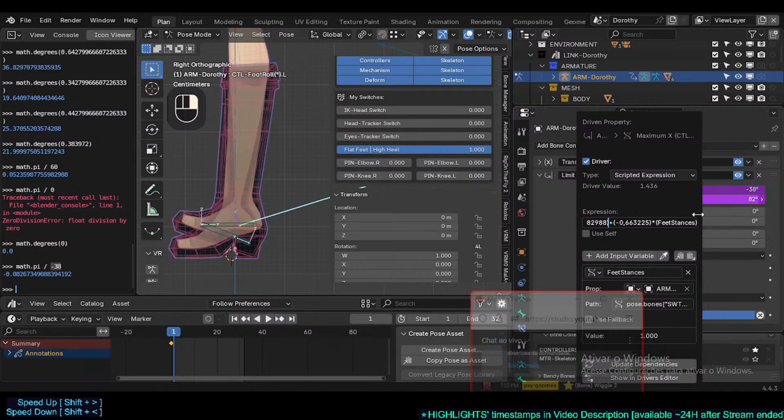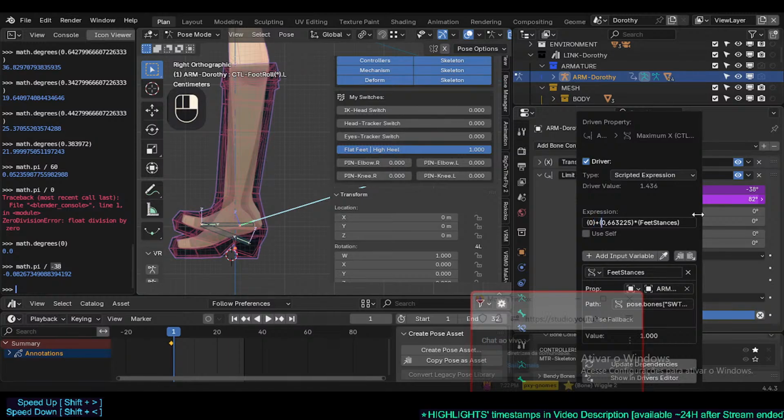Wait, why negative 38? The max is 60. Yeah, so it's positive, and here is 0, but we want this to be, oh no, this one is 60, right? The max.